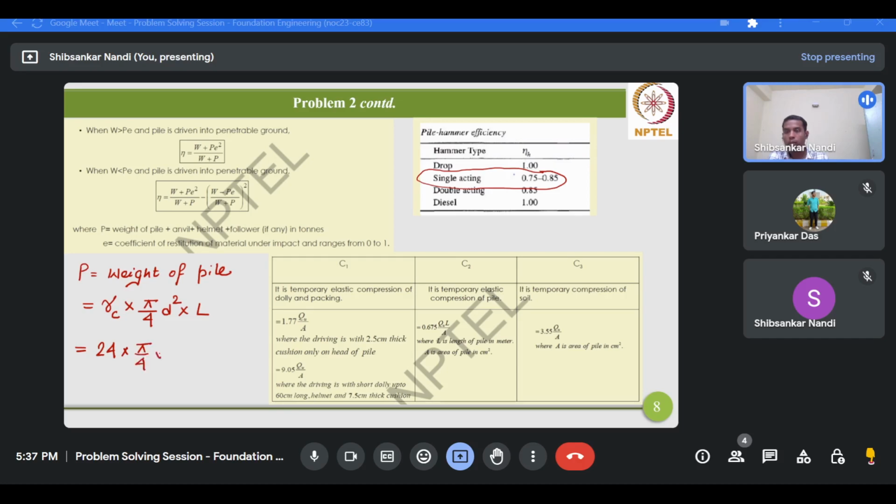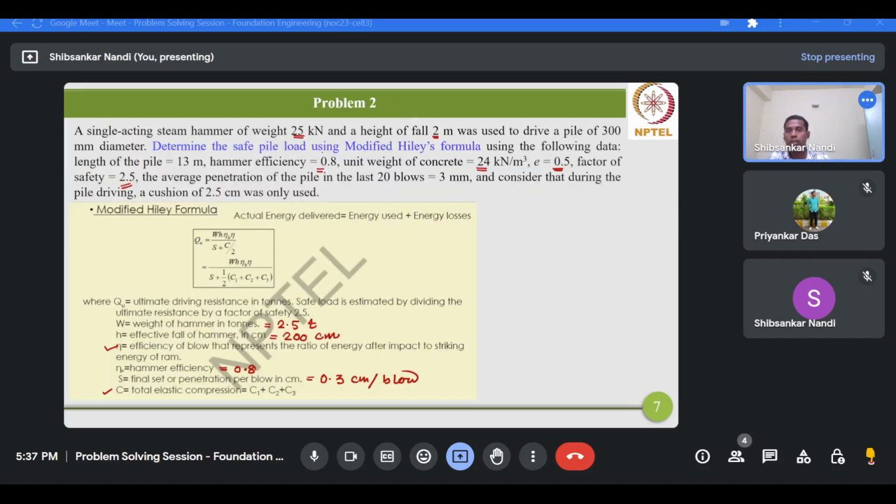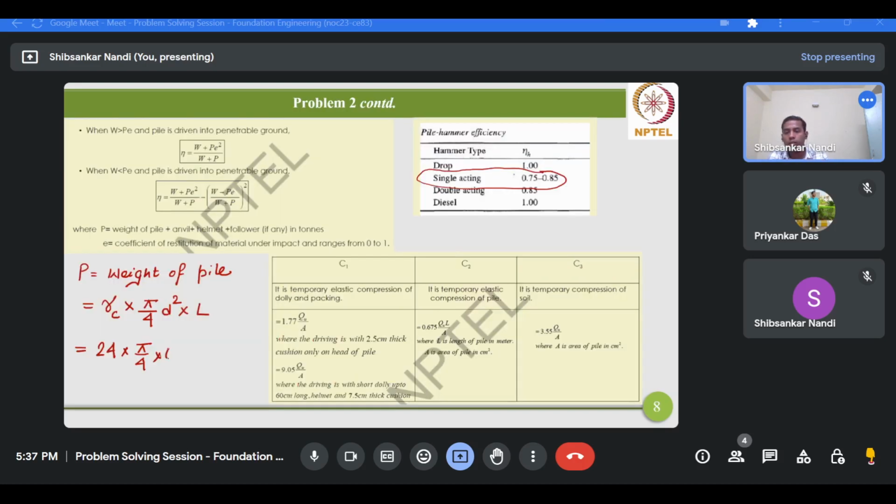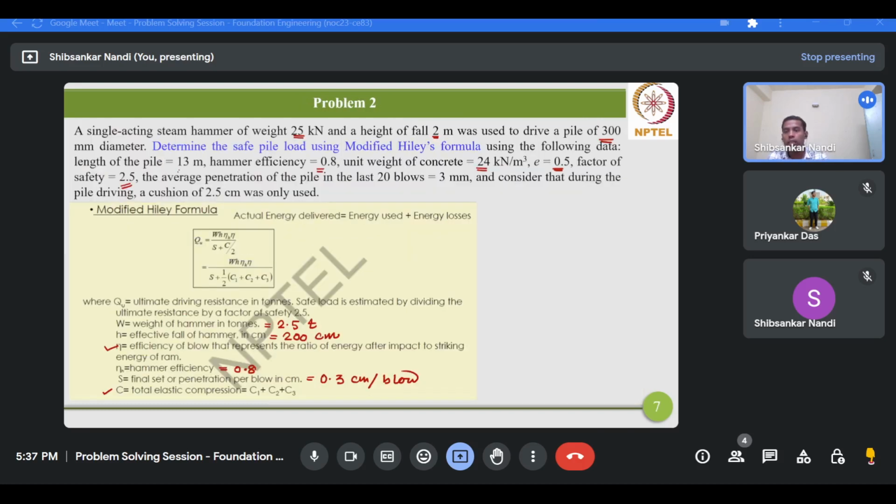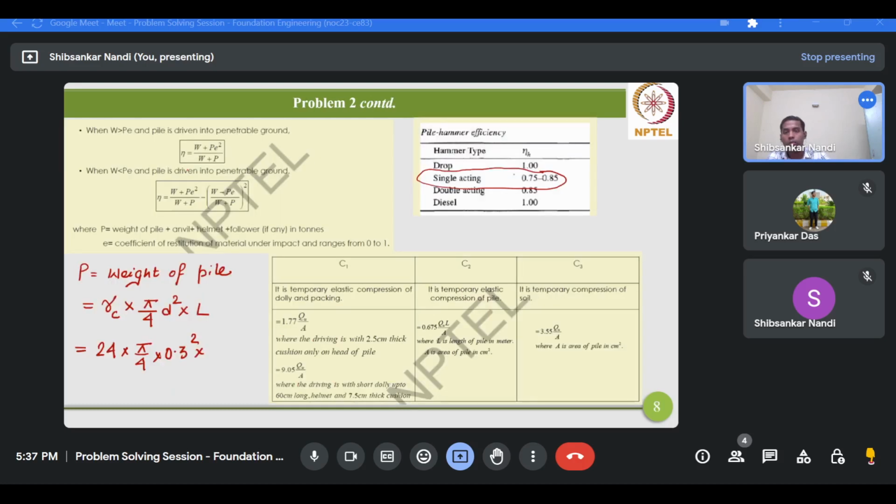And what is the pile cross section? The pile cross section is circular, having a diameter of 300 mm, therefore this will be 0.3 square. And what is the pile length? The pile length is 30 meter. Okay, so multiplied by 30, it will give you the weight of the pile.